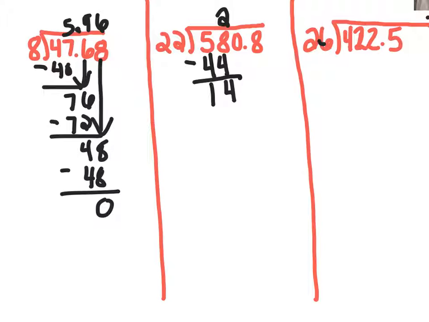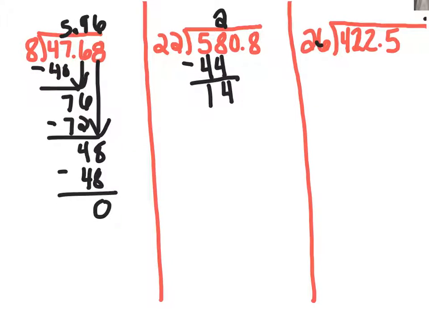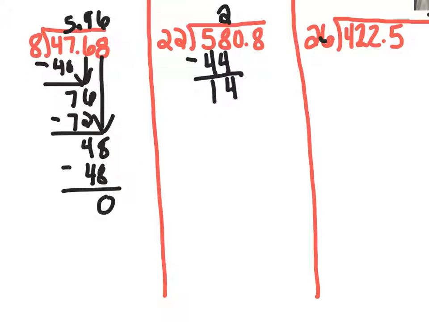Now I look and see, since 22 cannot divide 14, instead it's going to have to divide 140 by bringing down that 0. 22 will be able to go into 140 about, well, I want to say it should be able to go in 7 times, because I know 22 is close to 20, and 20 times 7 is 140, but that's actually 22 and not 20, so we'll use 6 instead.